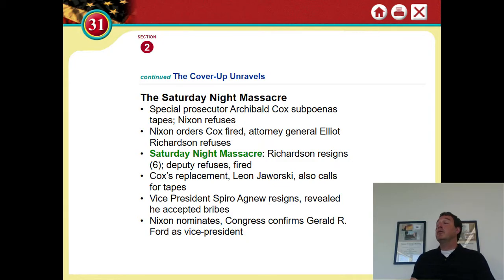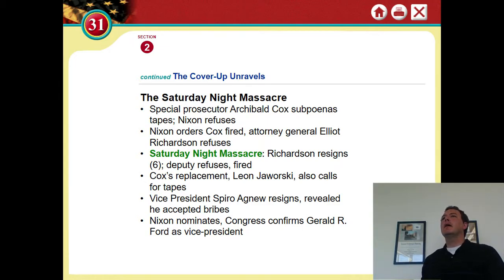And then, in what's now called the Saturday Night Massacre, Richardson, the Attorney General, appointed and chosen by the President of the United States, has now refused an order of the President of the United States. And then he resigned, meaning the President made him resign, probably.